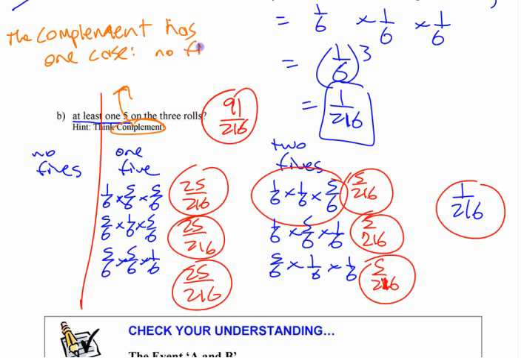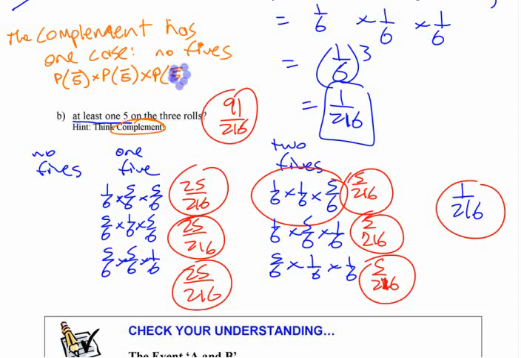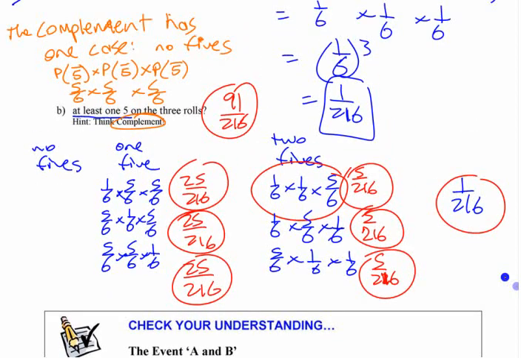No 5s. If you work out the chance of getting no 5s, you can subtract it from the total. The chance of getting no 5s is the chance of not getting a 5, not getting a 5, not getting a 5. That's the only way it can happen, all three non-5s. 5/6, 5/6, 5/6.